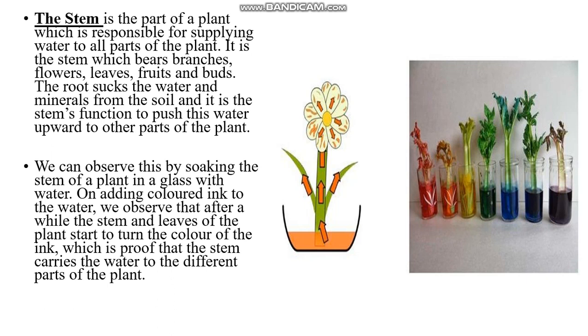On adding colored ink to the water, we observe that after a while the stem and the leaves of the plant start to turn the color of the ink, which is proof that the stem carries water to the different parts of a plant. In this picture you can see the colored one. This experiment helps demonstrate how the stems are responsible for carrying water to different plant parts.